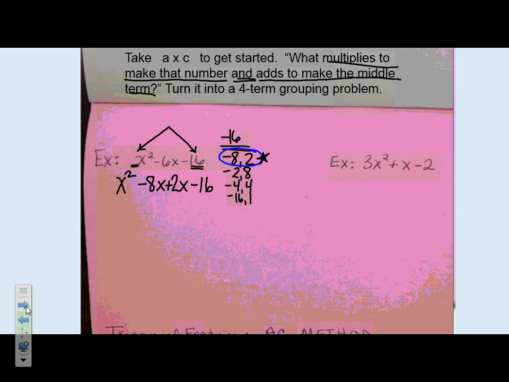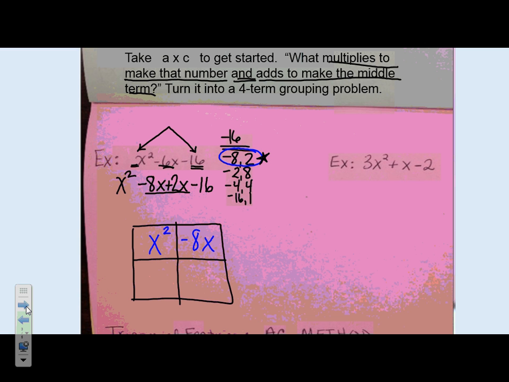This expression is still the same. Negative 8 and positive 2 still makes negative 6x. But we've rewritten it in a way that allows us to put it in the 4-term boxes, and we can factor like we were doing yesterday. So I'm going to place the x squared, the negative 8x, the positive 2x, and the negative 16.